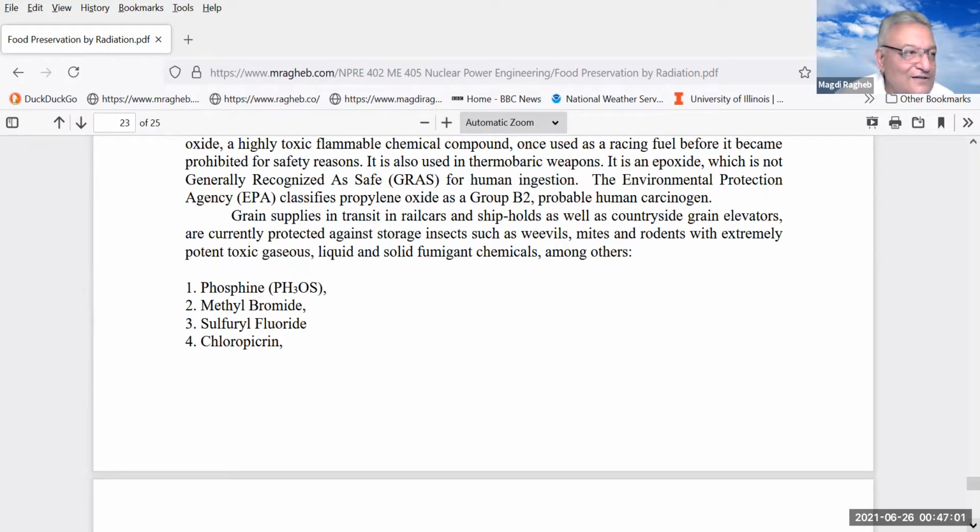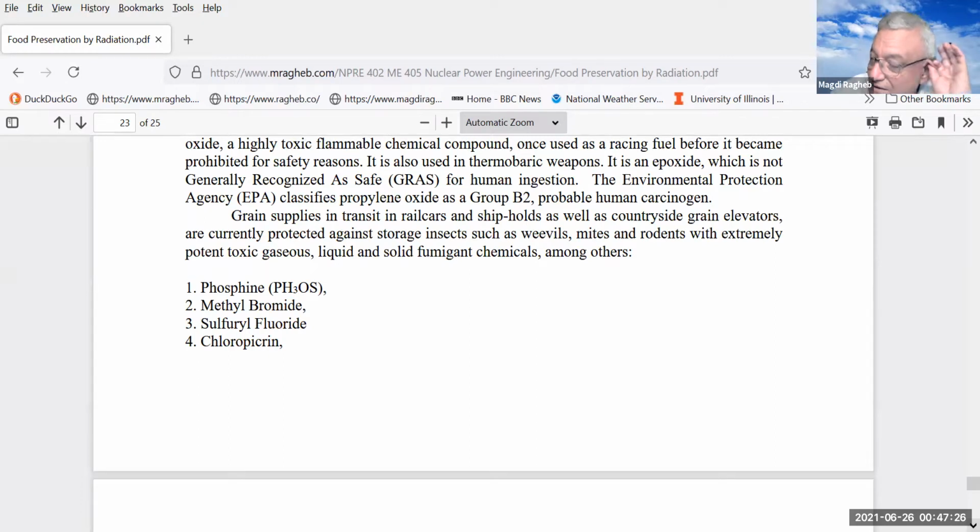If you go and search the web for grain elevators here in the Midwest, say, go to Tolono or to Sadorus, you'll find those big structures where grain, corn, soybeans, and wheat are being stored. Now, they are subject to all kinds of fungi growing in it and also insects like beetles feeding on it.